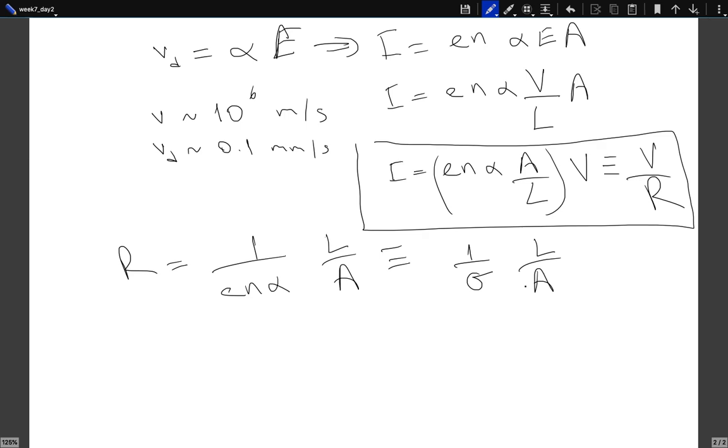Now let's do an example and let's calculate the speed of the electrons. Now we are given this information.